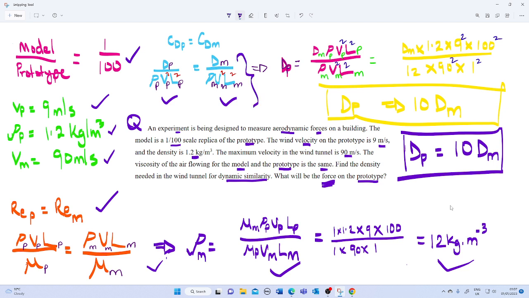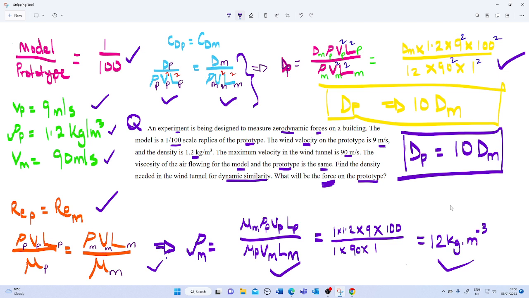So DP equals DM, that is the drag force on the model, multiplied by the prototype density and the prototype velocity squared, times the prototype length squared, over the model density multiplied by the velocity of the model and the length of the model, both squared. That gives us this particular equation.